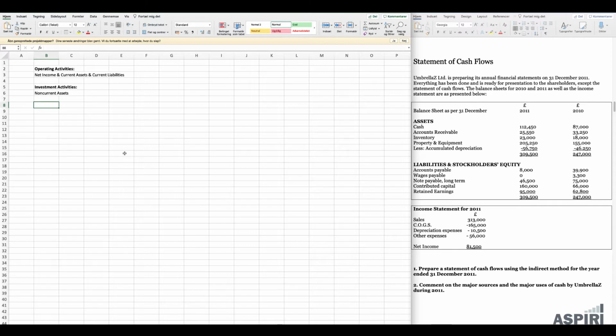The third and final category is financing activities, and what this includes are non-current liabilities and equity. So essentially, in the financing activities section of the statement of cash flows, we'll be looking at changes in non-current liabilities as well as changes in the equity. For now, this is just to set the scene. We'll be applying this to the exercise in a few moments when we're done with this brief introduction.